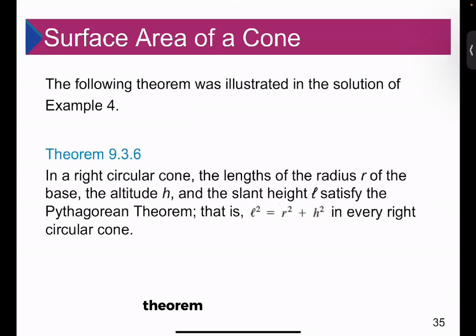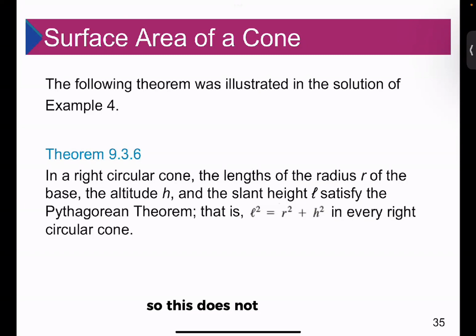The following theorem was illustrated in the solution of example 4. In a right circular cone, the lengths of the radius r of the base, the altitude h, and the slant height L satisfy the Pythagorean theorem, that is L squared is equal to r squared plus h squared in every right circular cone.